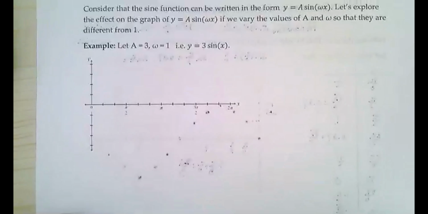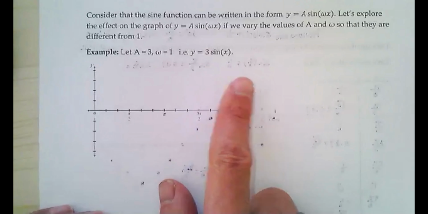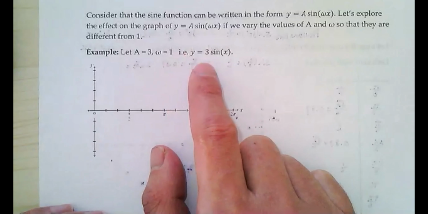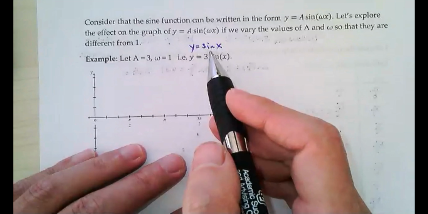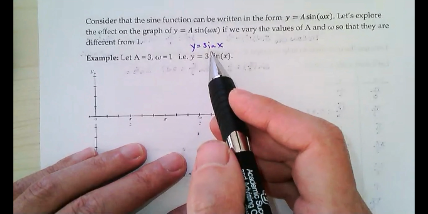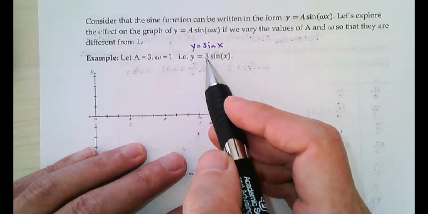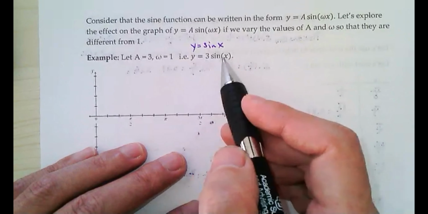Again, now we are adding some kind of difficulty. Previously we're done with y equal to sine x. Okay, this is what we done in the previous page. Now the question add more difficulty to it. What if you have 3 times that value?